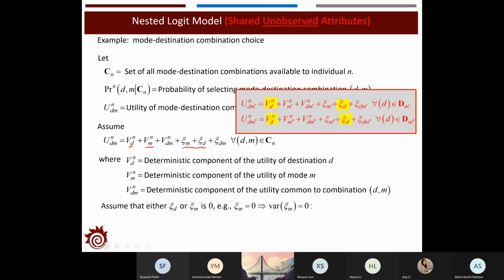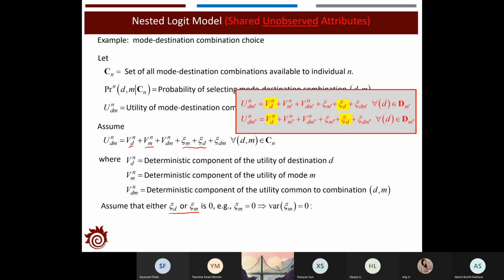To do that, we can make some assumptions by assuming that either epsilon d or epsilon m is 0. Depending on which one you want to choose as the shared attribute or the shared unobserved component.